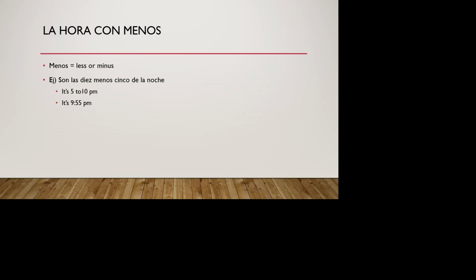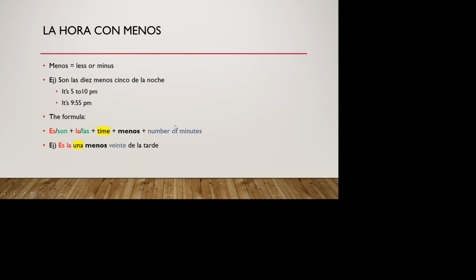So the formula, when we're telling time, is we have our "es" or "son," depending on whether we're working with one or a number greater than one. Then we have our "las" going along with that. Then we have the time that it is going to be, minus however many minutes to get to that time.